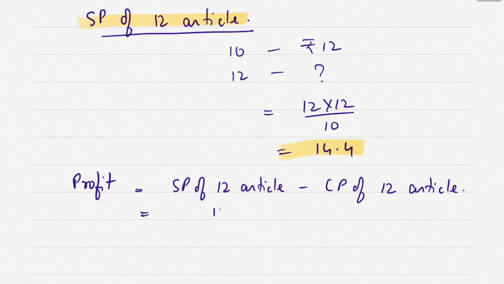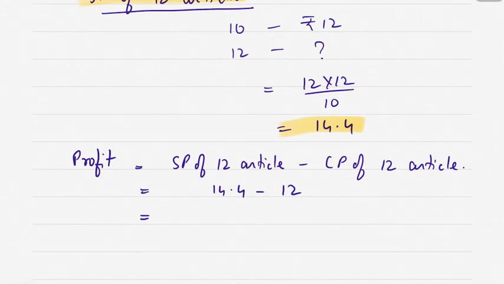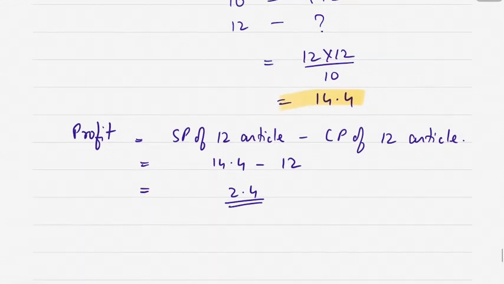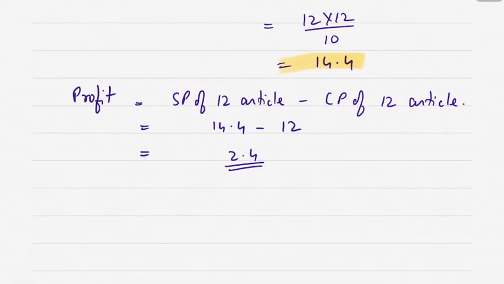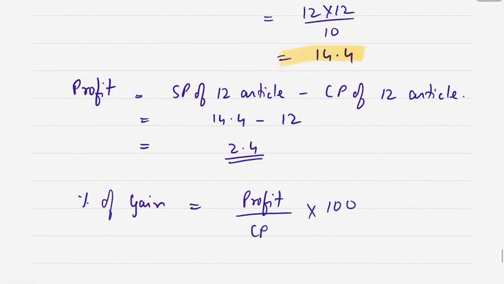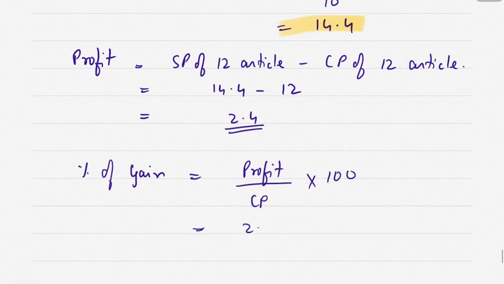Selling price of 12 articles is 14.4 minus 12, which comes to 2.4. Profit percentage is asked. So percentage of gain or percentage of profit is equal to profit upon cost price into 100.